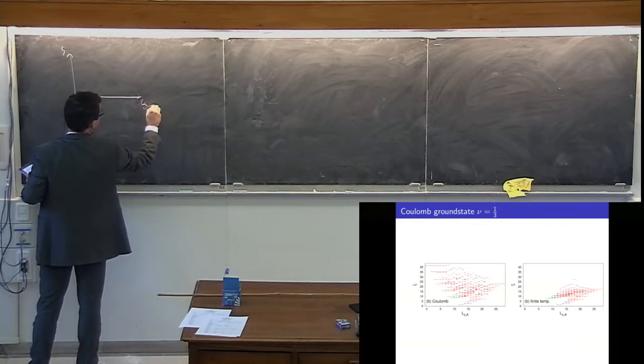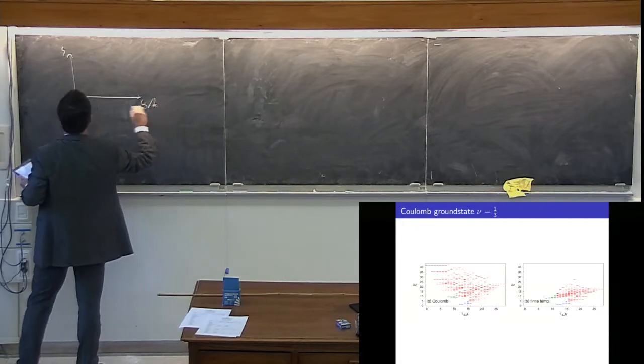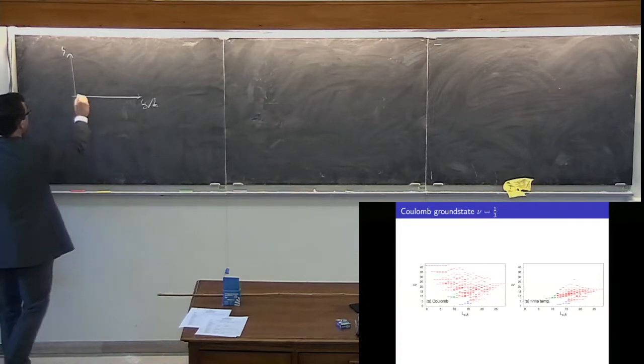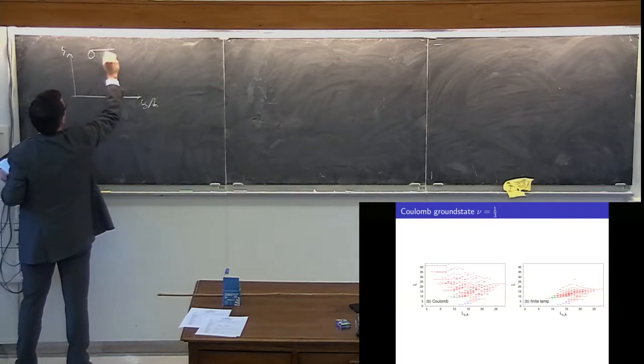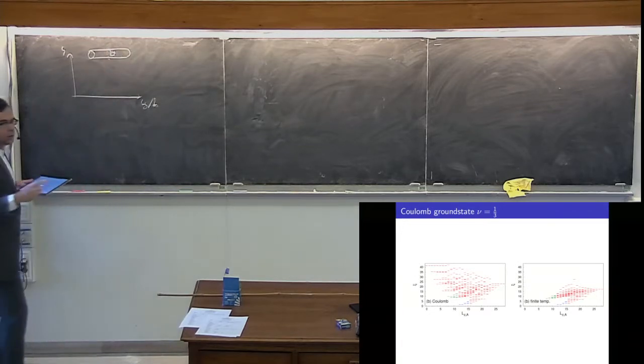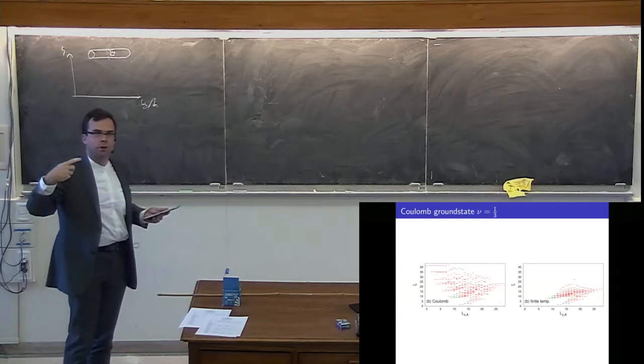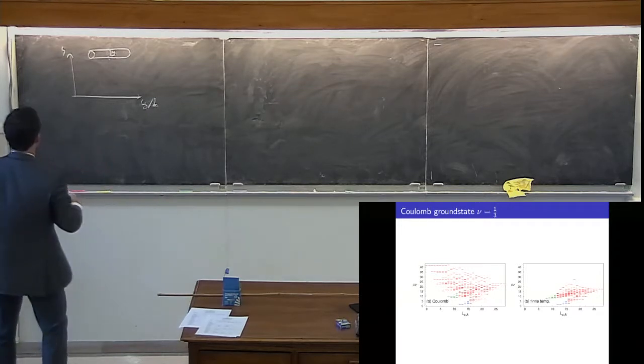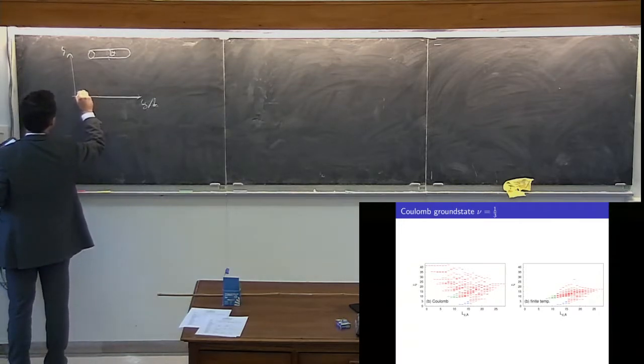So let's say it's LZ or K, as you prefer. So if you do the calculation for a cylinder, the perimeter of the cut is just the perimeter of the cylinder. And you will get exactly the same structure.